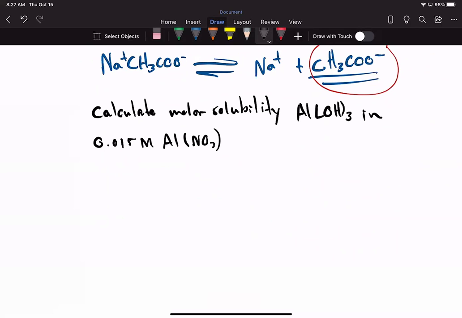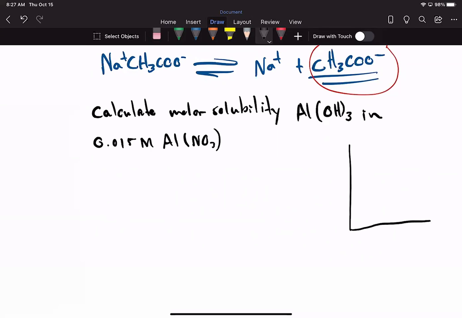This looks like an L here, let me fix that. So calculate the molar solubility of aluminum hydroxide in a solution of aluminum nitrate, right?